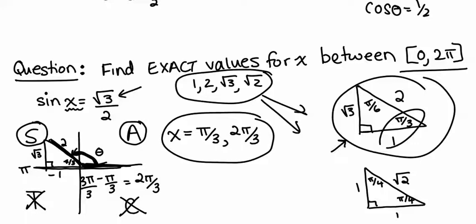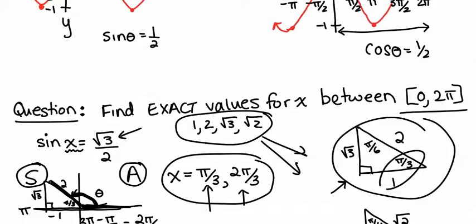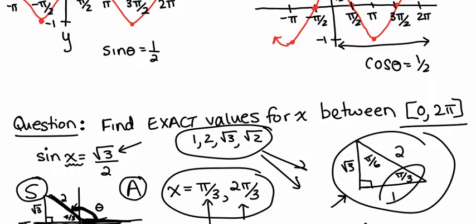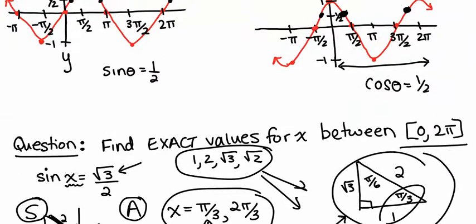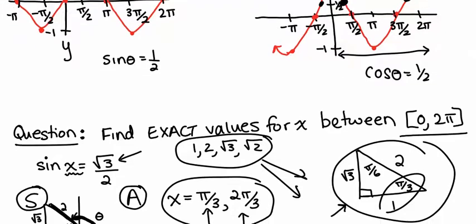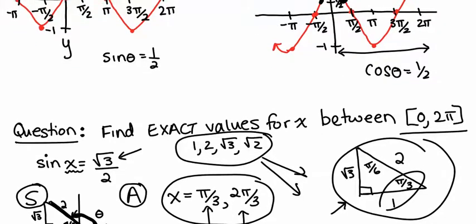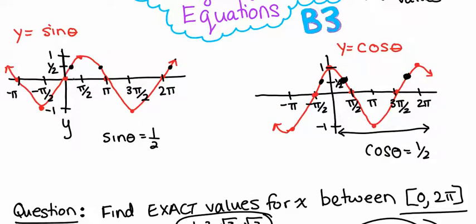And if we just take a quick look at our graph, so remember pi over 3 and 2 pi over 3, just zip up to the graph for a second. So root 3 over 2, which is, I don't know, somewhere near a half, we found two answers, pi over 3 and 2 pi over 3. So it makes sense.